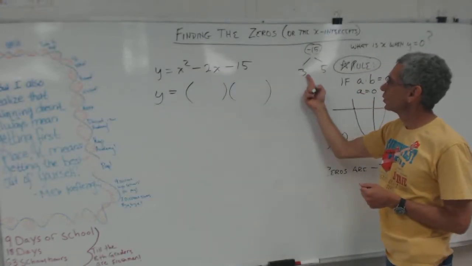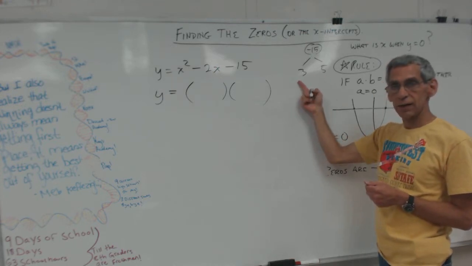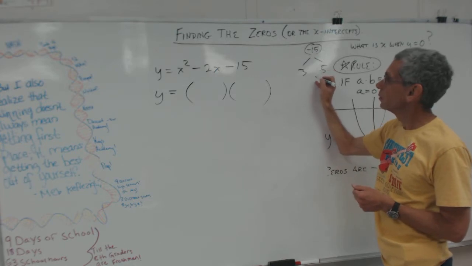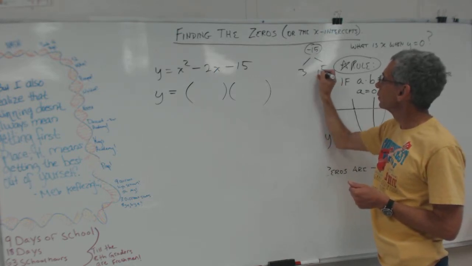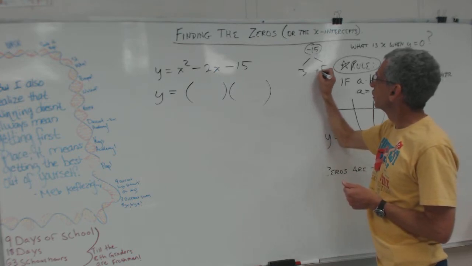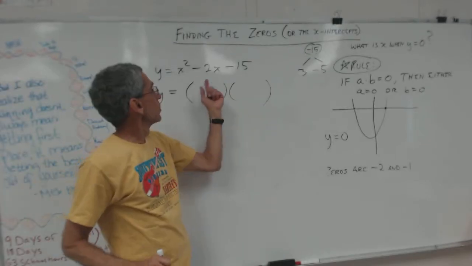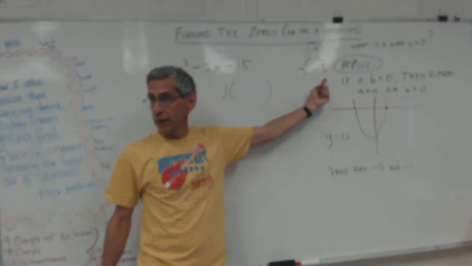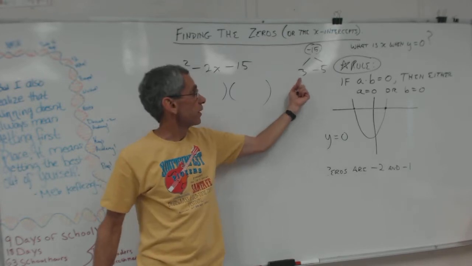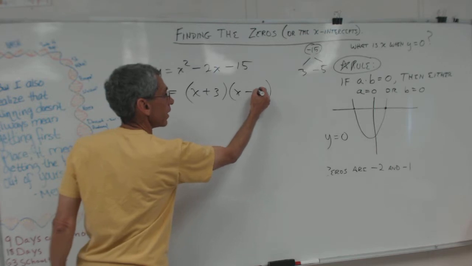If one of those were negative, could I get a negative 2 out of that? 3 subtract 5 is negative 2. This has got to be a negative, right? So for the middle one to be negative, you have to have the bigger number be negative, right? So it'll be positive 3 and negative 5. So we got x plus 3, x minus 5.